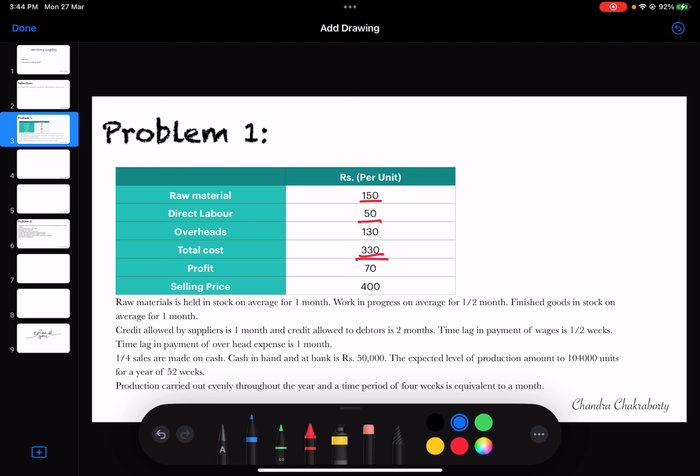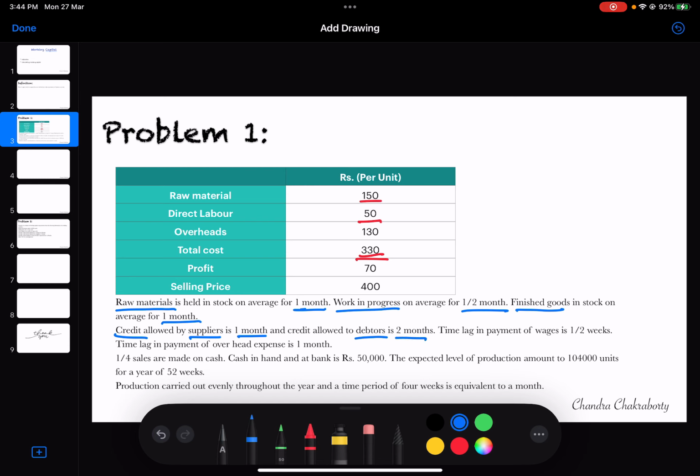All right. So here raw materials is held in stock for 1 month, work in progress on an average for half month, finished goods for 1 month, credit to suppliers for 1 month, credit allowed to debtors is 2 months.